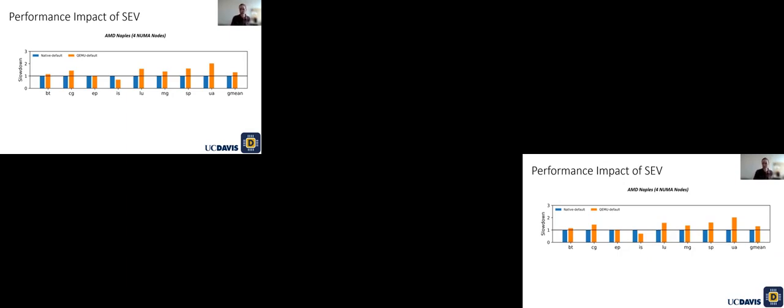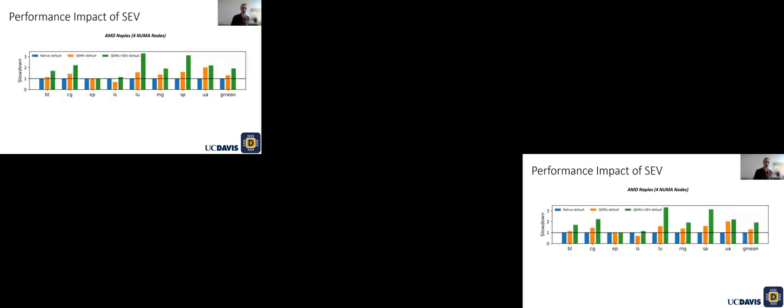We all know that there are a lot of things that cause slowdown with virtualization, especially for these workloads. I think we're seeing TLB misses and longer page table walks. But you might expect that SEV wouldn't add very much performance overhead on top of that. However, that is not what we saw. We saw significantly more performance degradation when we added SEV. This surprised us, and we dug into it.